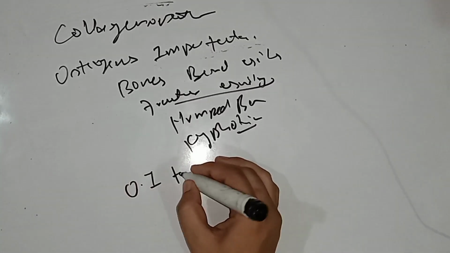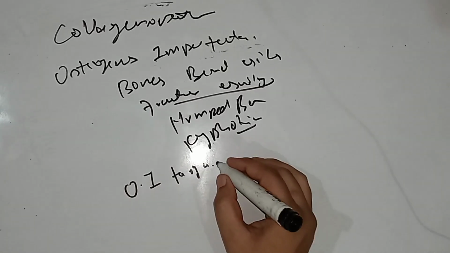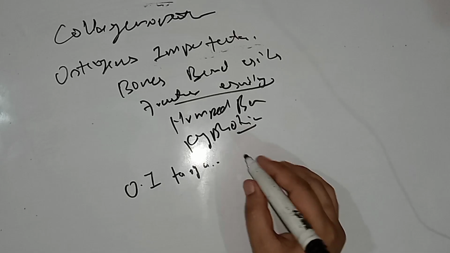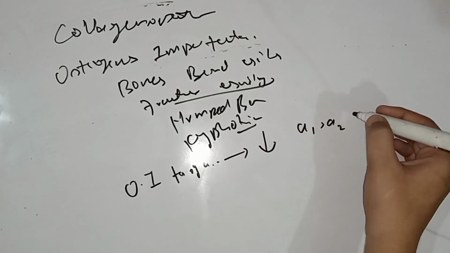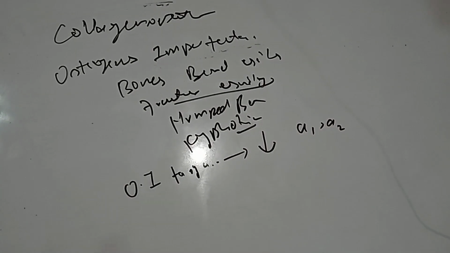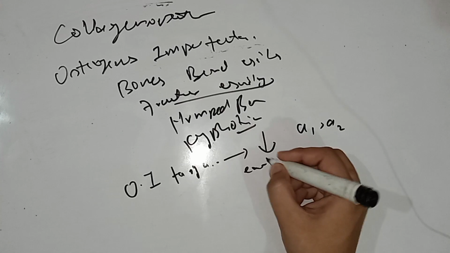imperfecta tarda, and this disease is due to decreased production of alpha 1 and alpha 2 collagen chains. When these chains are less than normal, then the collagen synthesis will also be less than normal. It can be characterized by early infancy fractures.